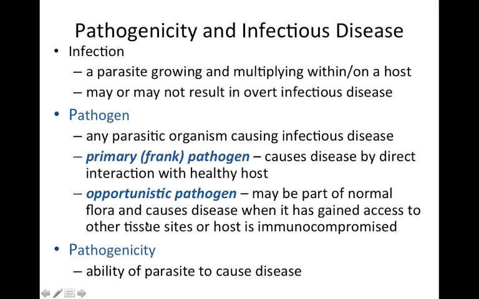For example, the microbes that exist in your gut are fine in your gut, but if you were to vomit and aspirate that into your lungs, they could cause a pretty bad lung infection. If they get the opportunity to go to a different location, they can make you sick at that different location.